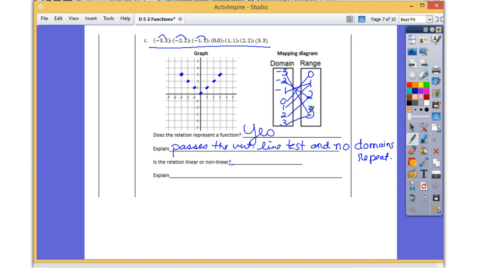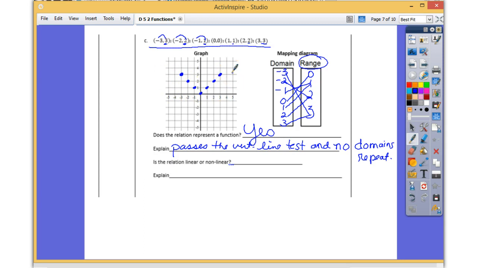See how we had repeats on the 3s, the 2s, and the 1s? Those are repeated in the what though? Right, in the range. Is that okay? That's fine. As you can see when you put them on the graph, if the ranges repeat, if your y repeats, they'll be on the same horizontal line.